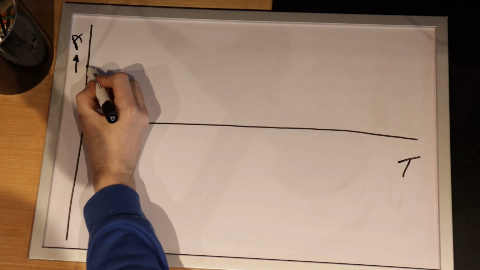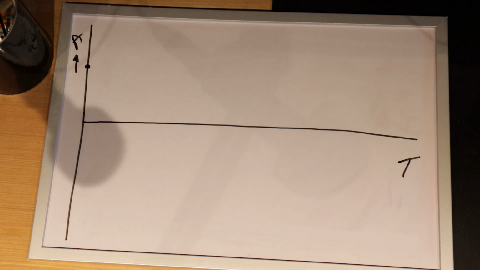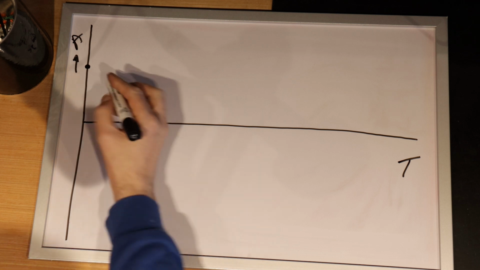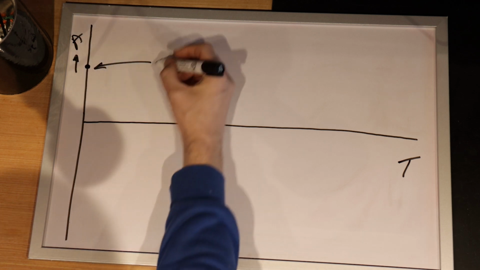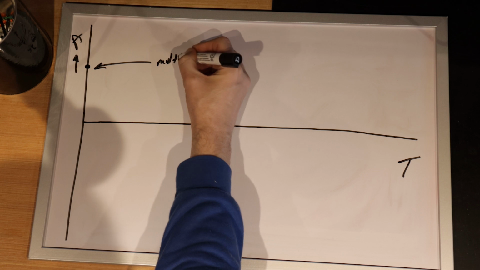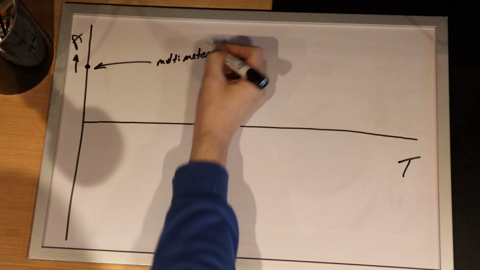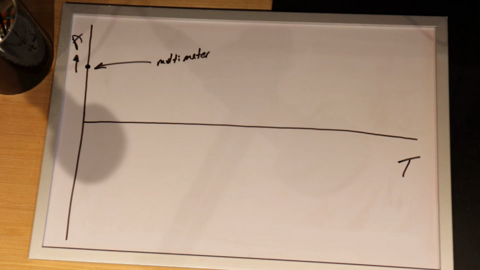So that dot there, that would be the reading from the multimeter. So it's effectively just giving you the amplitude at the time. There's no graph showing you how that amplitude's changing. If it's changing quite a lot, you'll just end up with a display that is changing rapidly.